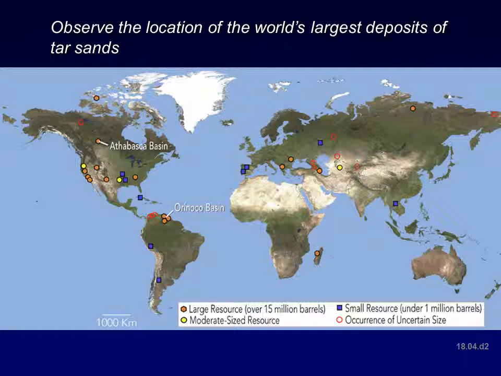The world's largest reserves are found in the Orinoco Basin in Venezuela and the Athabasca Basin in Canada, each with 1/3 of the world's tar sands. Tar sand may represent 2/3 of the world's oil supply. So 2/3 of the world's oil supply is in tar sands, and this as well is not a great fuel.